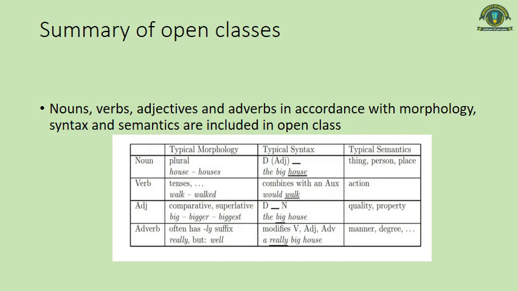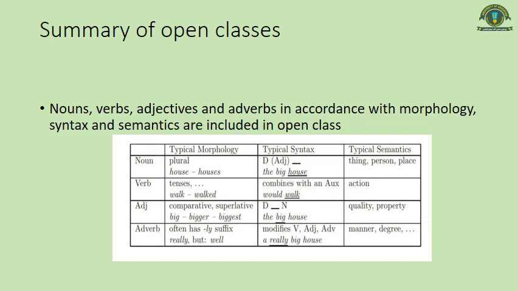And typical syntax is determiner will come before the adjective, the big house, and if we consider under the verb, that it combines with an auxiliary, would walk, and then the adjectives, the big house, and then modifiers under the adverb, a really big house.